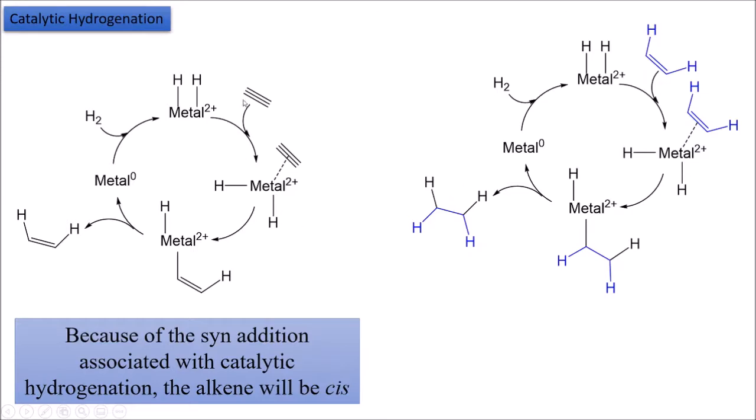Now, the triple bond in an alkyne, that second pi bond, is much, much more reactive than the pi bond of an alkene. And so that means that this loop right here is happening many orders of magnitude faster than this loop right here.